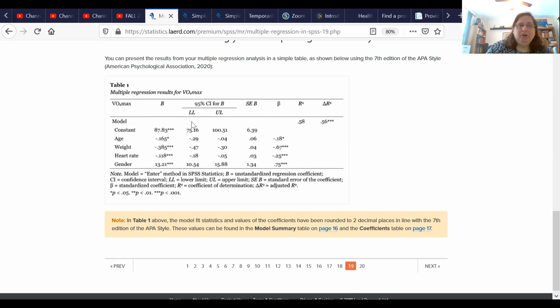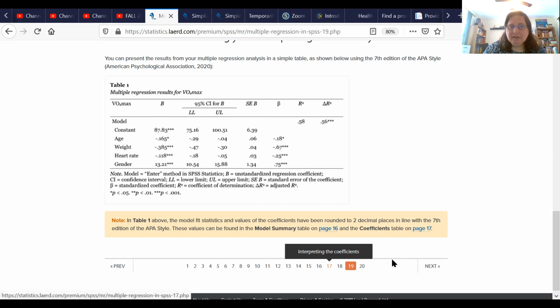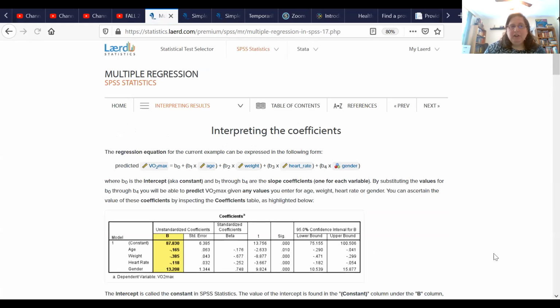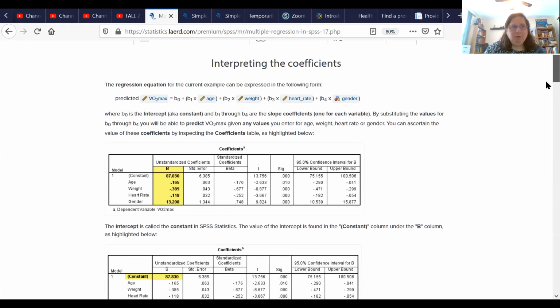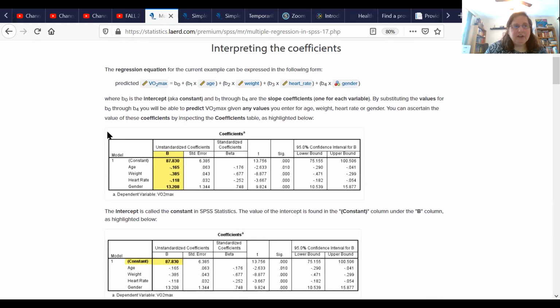Okay, so if you remember, let's see if I can find it again. Here we go. This output table right here, this guy, has everything that you need to show. Okay, so I would just copy this over to your results.